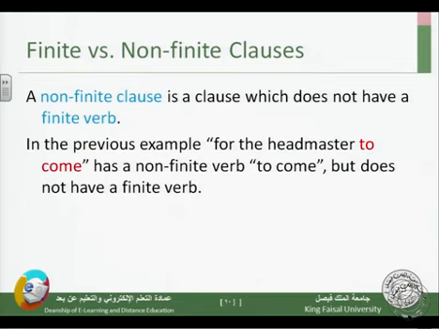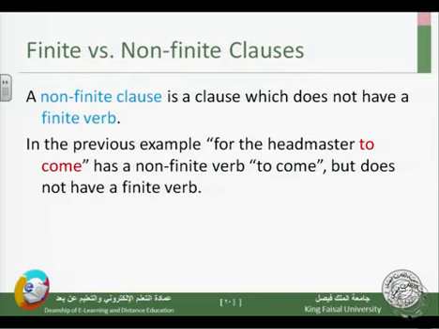A non-finite clause is a clause which does not have a finite verb. So if we don't have a finite verb, if we have a non-finite verb, we have a non-finite clause. Okay, so for example, the previous example that we mentioned, he is waiting for the headmaster to come. For the headmaster to come, okay, we have a subject, the headmaster, and we have the verb to come, but here it is non-finite.